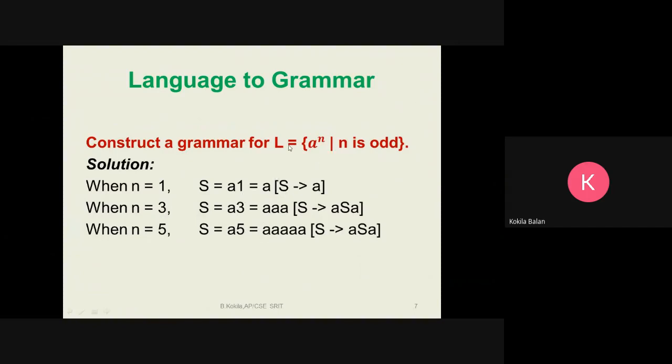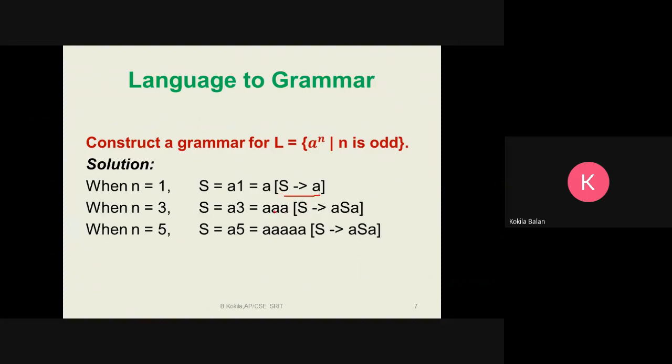When n is 1, a single a is generated. When n is 3, triple a is generated. When n is 5, five a's are generated. So let's write the productions here. Let's begin with S as the start symbol. When we want to generate a single a, we can write the production S turns to a.